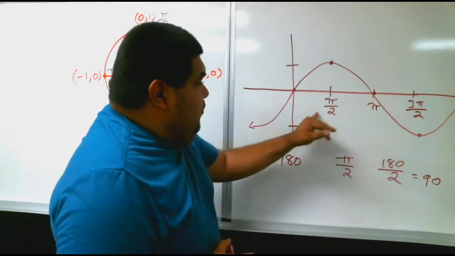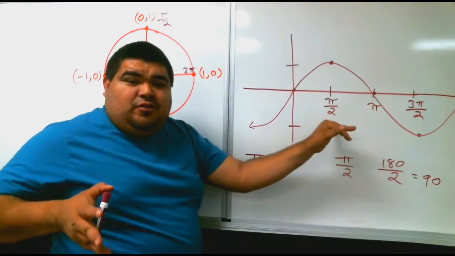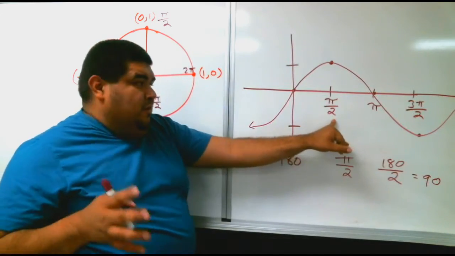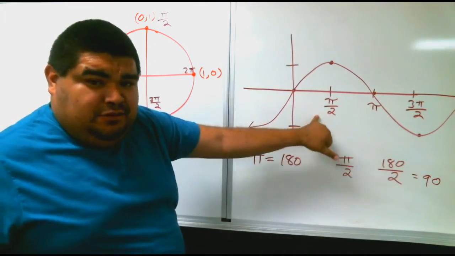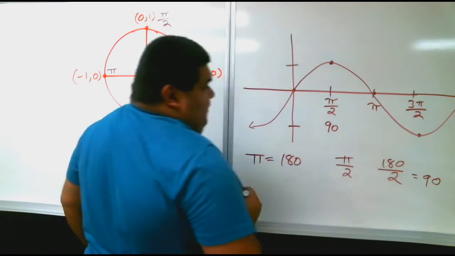So if we're graphing this, if we wanted to convert this into an actual number, we can say 180 divided by 2 would be 90.